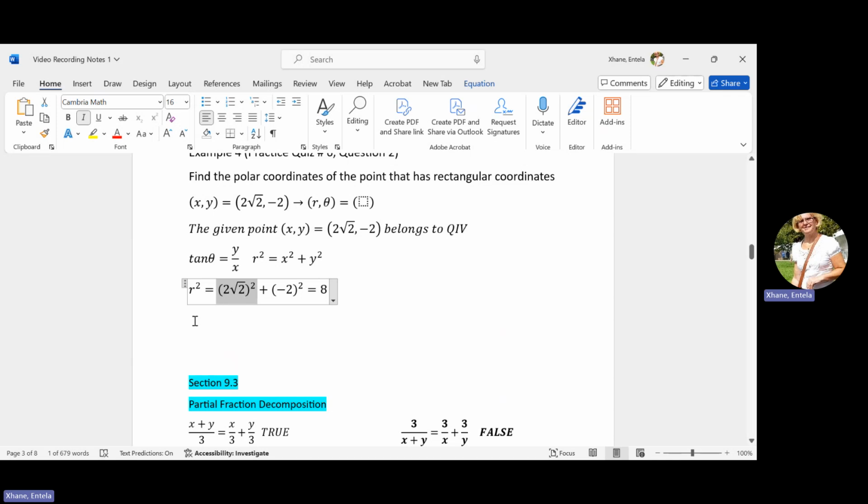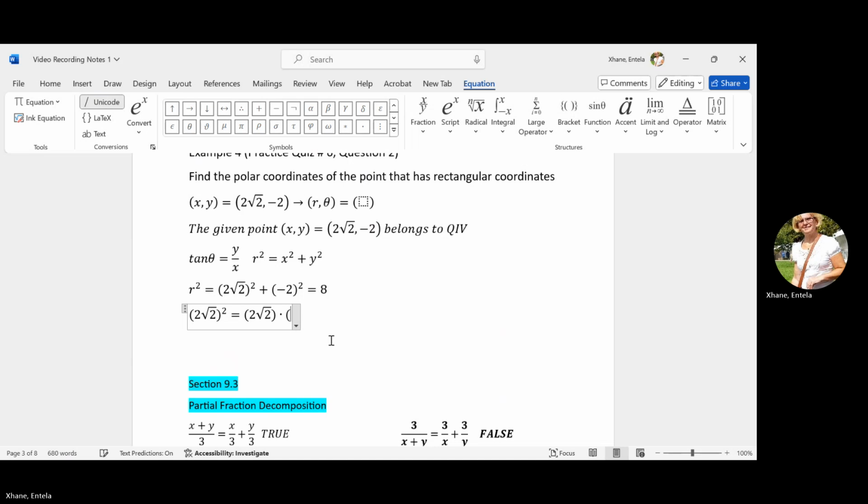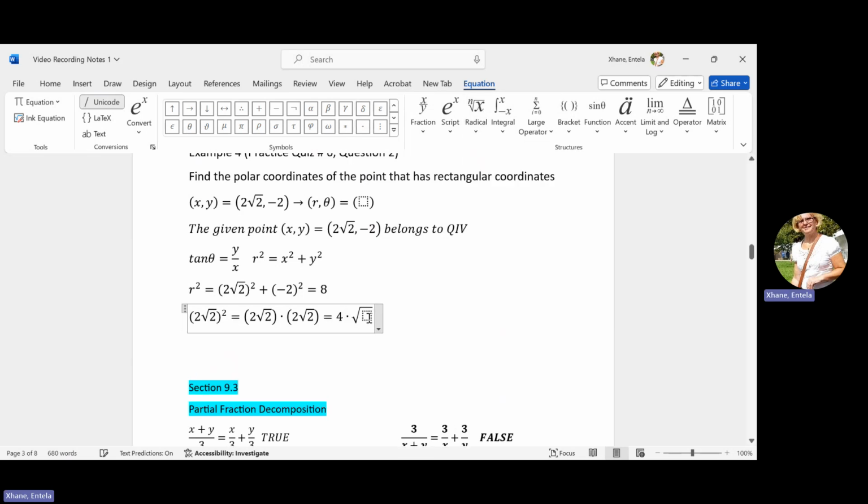So once again, let's break this down, make sure that you're following me. So I'm multiplying this number by itself. So that means 2 times 2 is 4, and 4 is multiplied by the square root of 4.